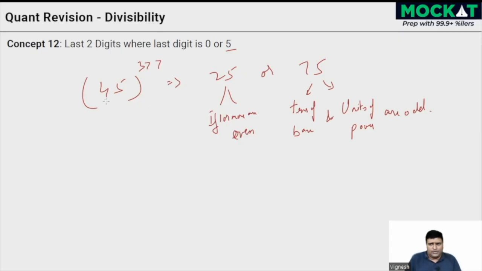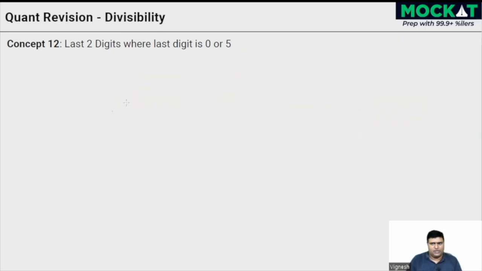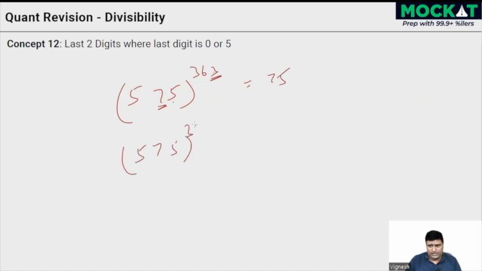So that means for 45 to the power of 377, 4 and 7, one of them is even, so this is going to end with 25. If you have 75 to the power 363, both are odd, so 75. If it's 575 to the power of 362, the moment you have one even, it's 25.